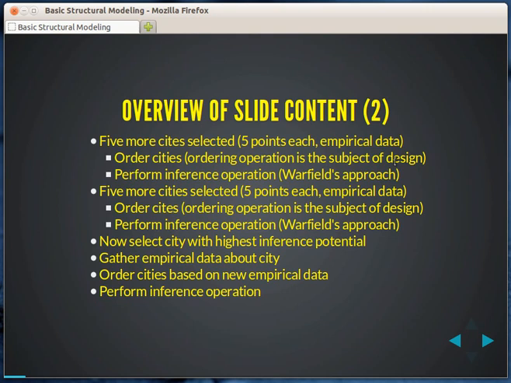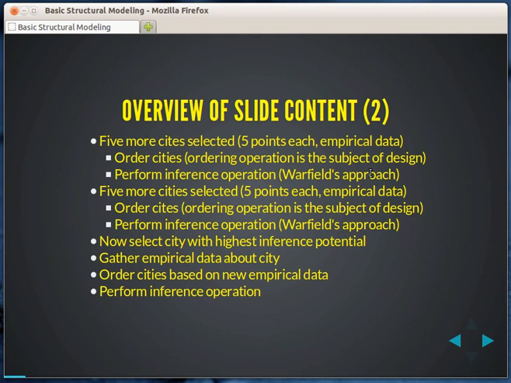We're in the conceptual design phase right now, and ordering is the subject of this conceptual design. Now then we perform the inference operation. Of course, this is Warfield's approach. Warfield just talked about essentially the operation itself, not how to fit it in with a larger, large-scale type of problem.